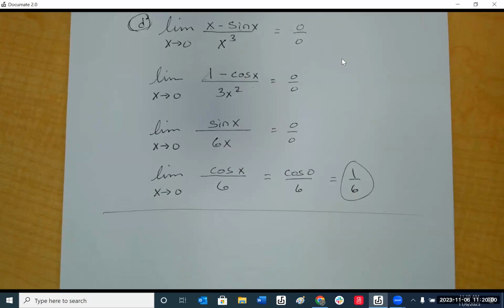Exactly, unlike the quotient rule. With this method, you don't really need to memorize anything. You know that it works and you know why it works, and so you just apply it. But it only works if it's 0 over 0. Right. If that doesn't work, then we have to use the quotient rule.